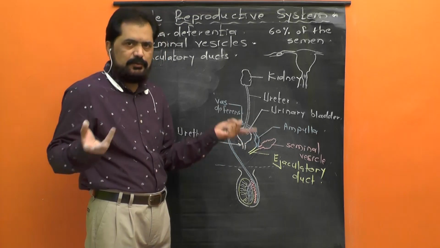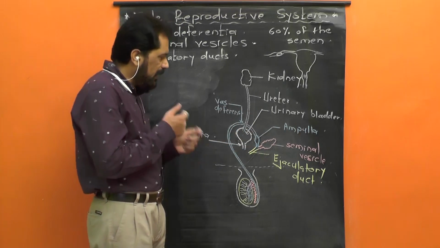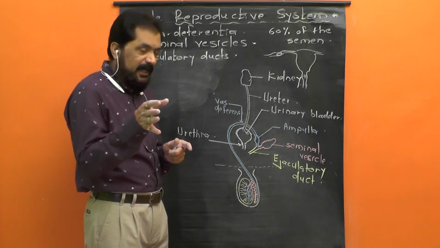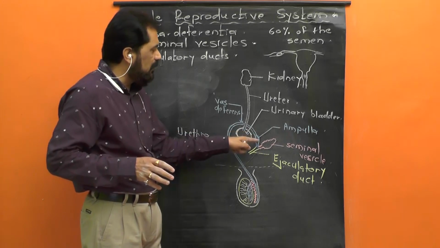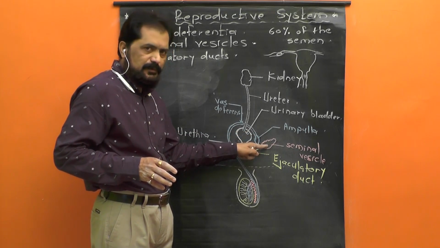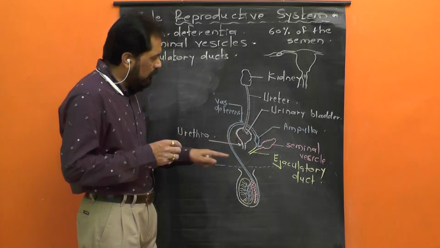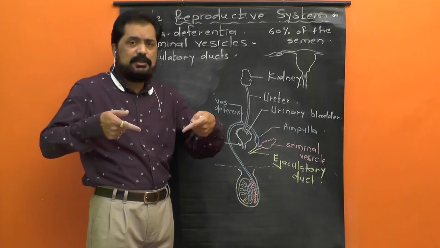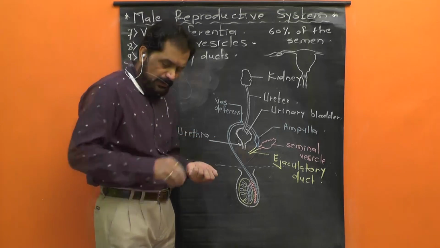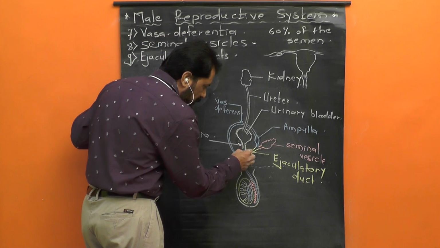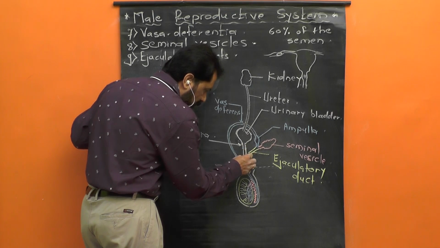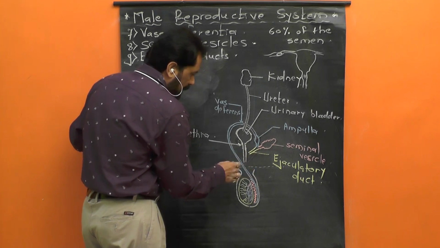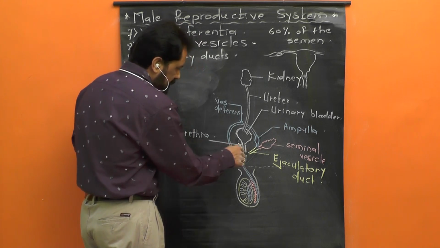Of course, there are two ejaculatory ducts, and the ejaculatory ducts simply carry that mixture of sperms and seminal fluid. Just now we studied. Now the ejaculatory ducts of both sides, दोन्ही बाजूच्या ejaculatory duct, they open into the urethra. Look, here is the urethra. Isn't it?